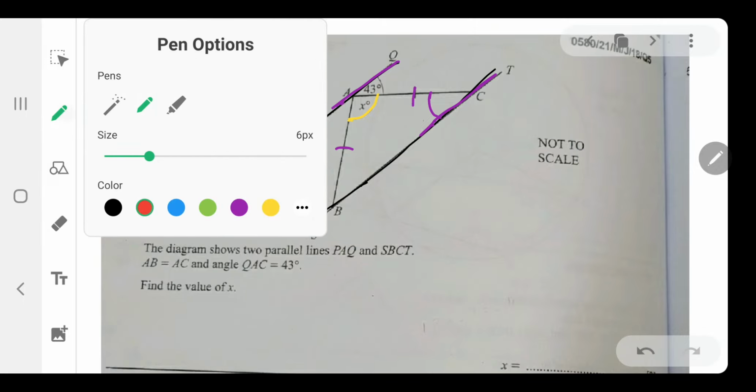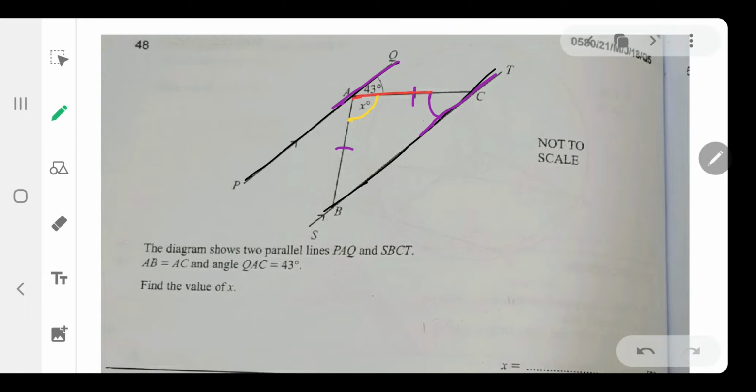This simply makes this 43 degrees equal to this angle, which is 43 degrees, because these are alternate angles. Now we have this triangle BAC, which is isosceles, so this angle must also be 43 degrees. So we have two angles, 43 and 43.